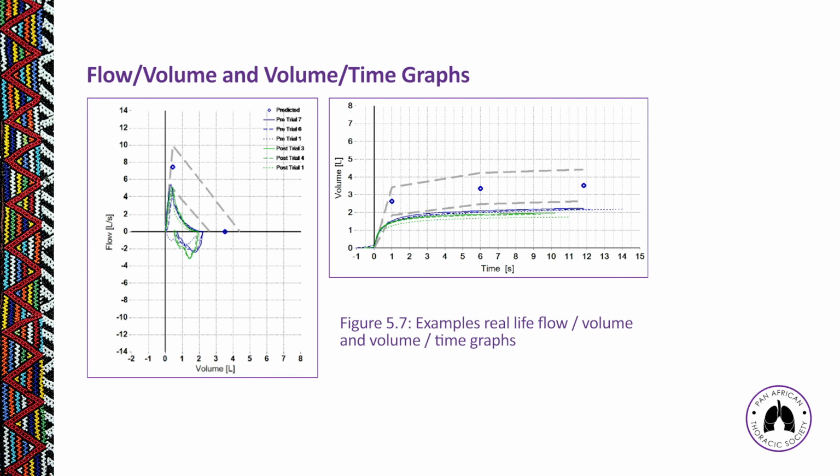So what you can see is the gray dotted lines showing the upper and lower levels of normal, followed by the child's actual blow. And you can see that this child's lung function is below the lower level of normal, which is the smaller of the two gray lines. So there's a loss of volume, and the way the air is flowing out is not as free as it should be.